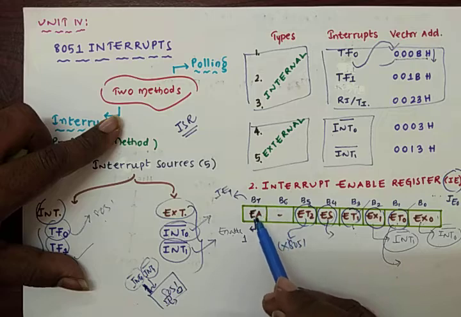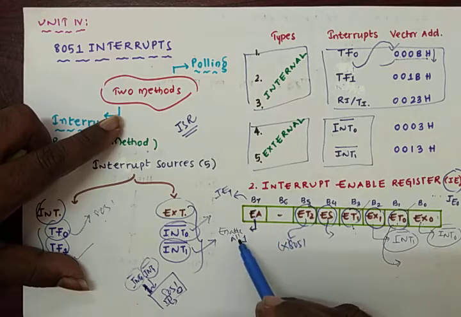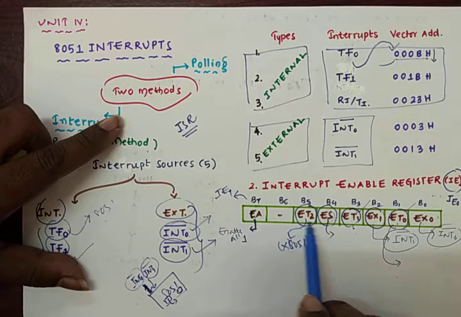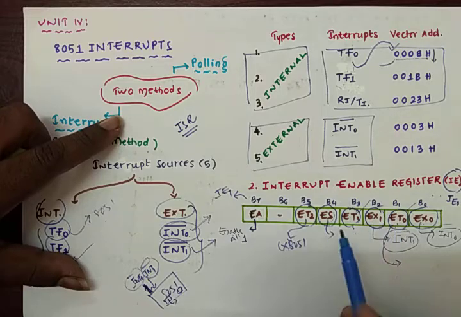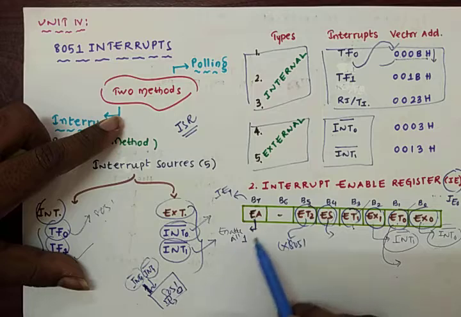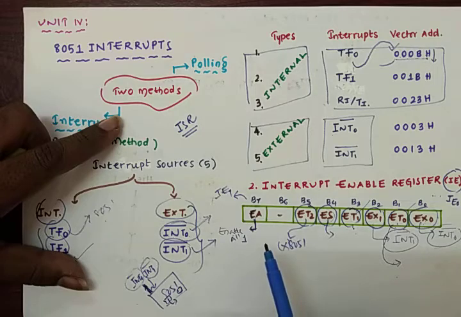If we set this enable all bit, that is the B7 bit, to 1, then all the interrupts will be enabled. If this is set to 0, all will be disabled. So enable all can be enabled by the set, or can be disabled by the 0 reset. This is done by software.